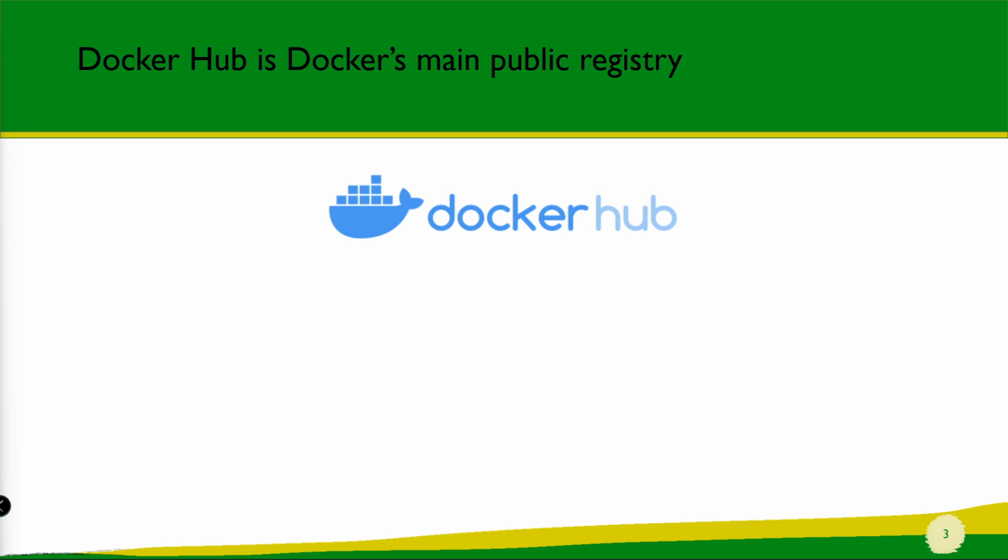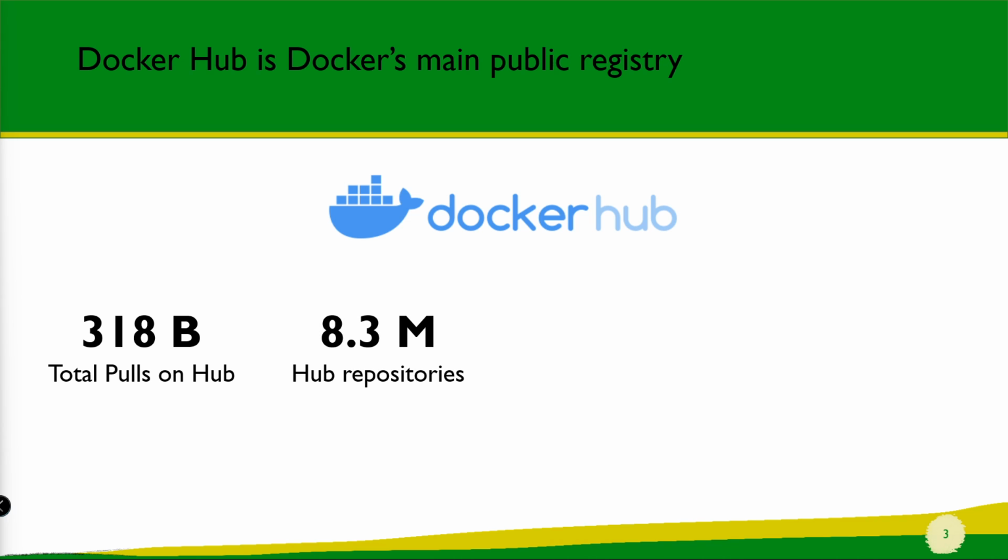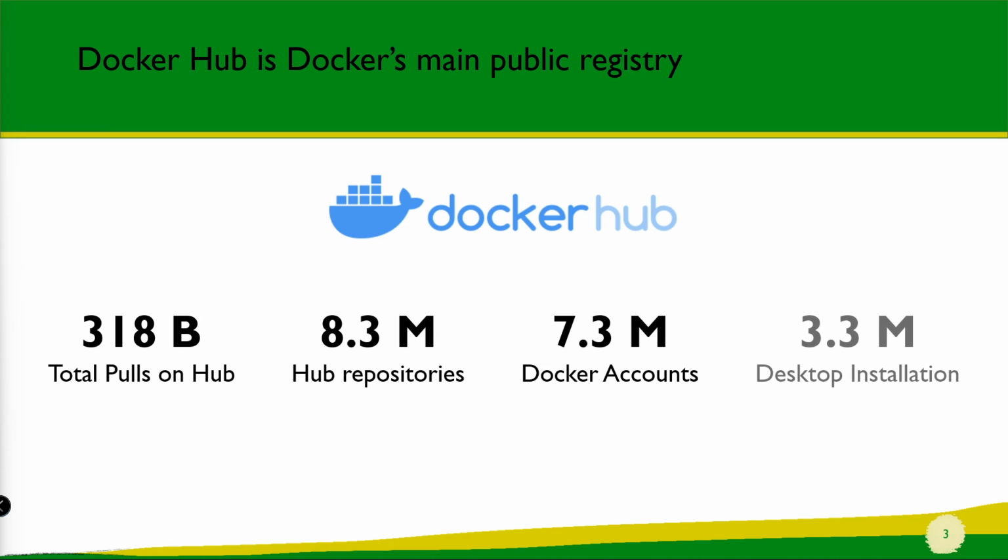Then we have Docker Hub, which is Docker's main public registry. Currently, there have been 318 billion Docker image pulls from Docker Hub, 8.3 million repositories, 7.3 million Docker accounts, and 3.3 million Docker installations. This shows the popularity of this technology.